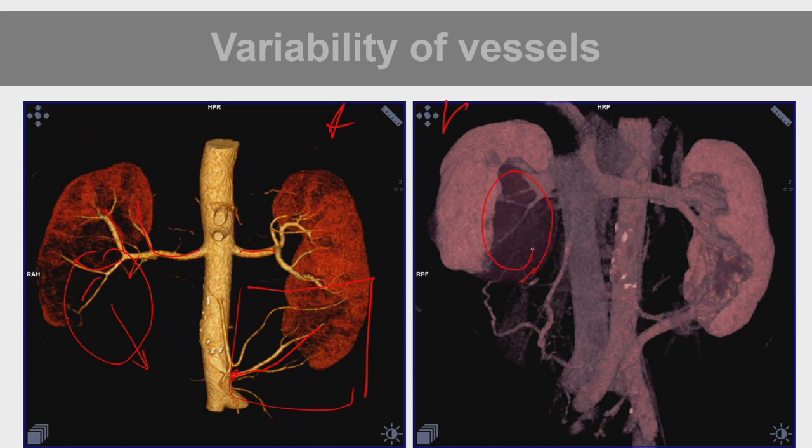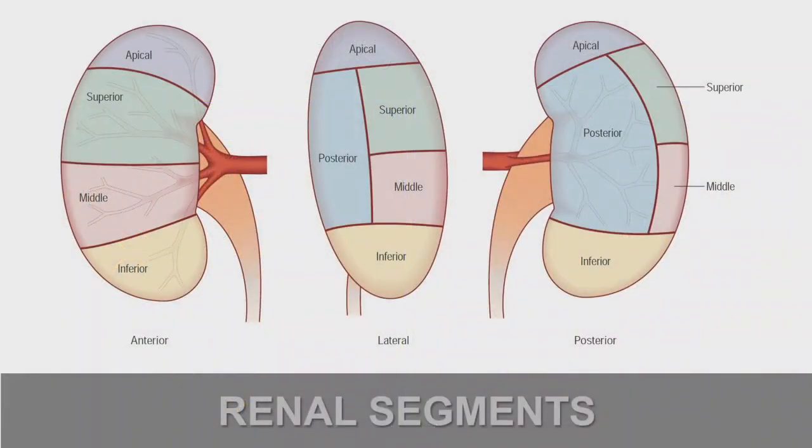This is this cyst, and you can see also very complicated vascular drainage, venous drainage from the kidney. So please remember that anatomic description, renal artery and vein, but in reality, the variability is very, very high. In one kidney, only 60% could have one artery and vein.